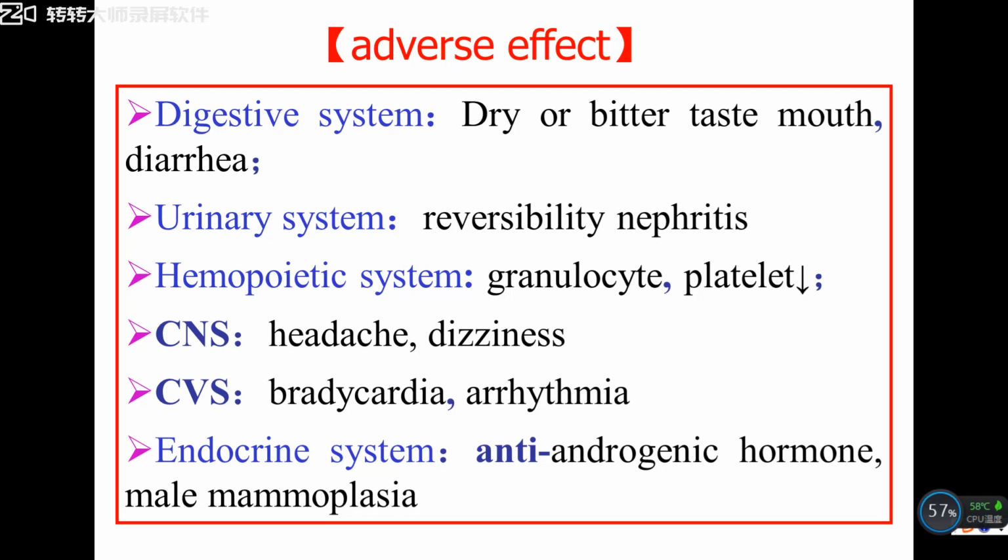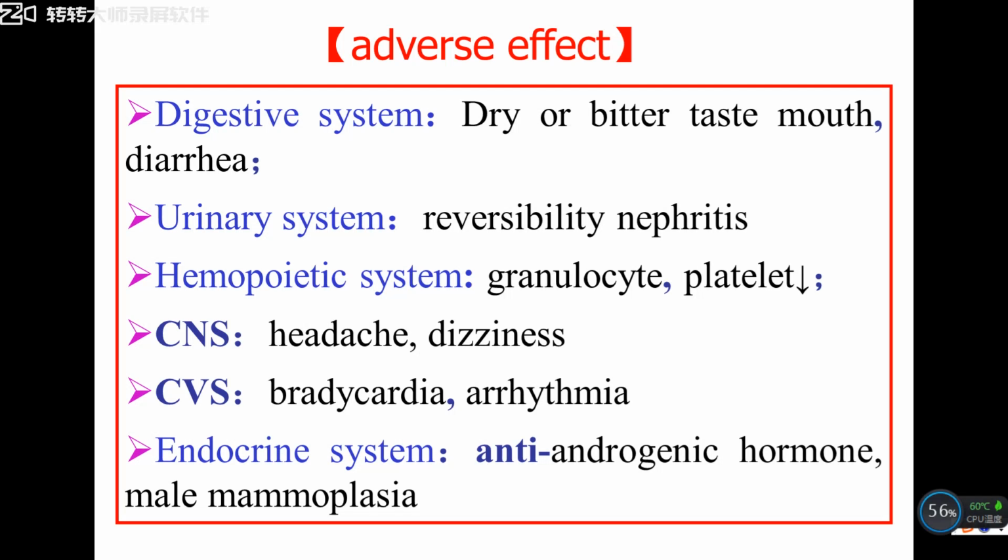For this reason, if patients use the drug for more than 2 months, they should have a blood test. The central nervous system may have headache and dizziness. In the cardiovascular system, bradycardia and arrhythmias rarely occur.